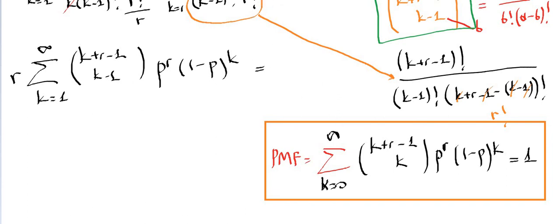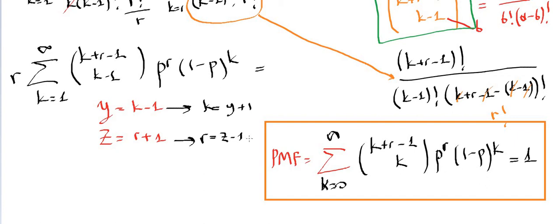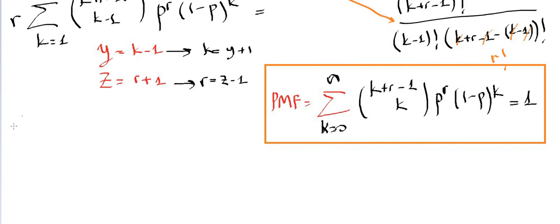So we're going to make this look like our probability mass function. For this, we're going to use substitution. So let y be equal to k minus 1, and let z be equal to r plus 1. So if you solve for k in this equation, k will be equal to y plus 1. And if you solve for r in this equation, r will be z minus 1. Now let's do all necessary substitutions. We have r in front of the sigma sign.